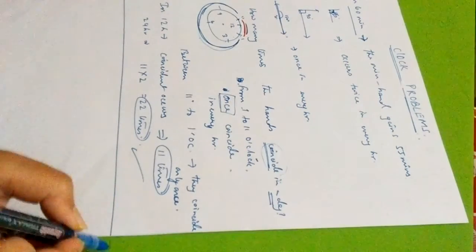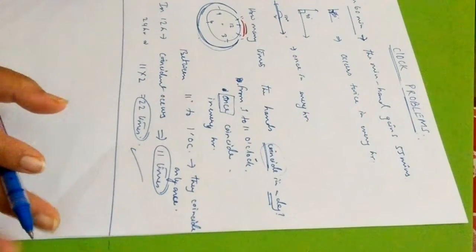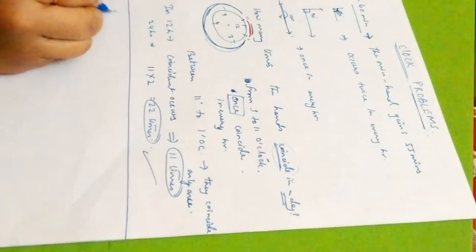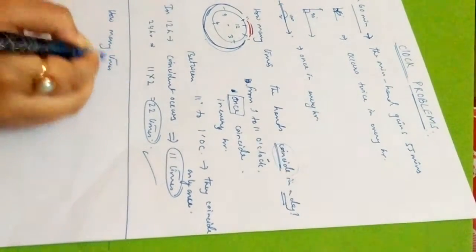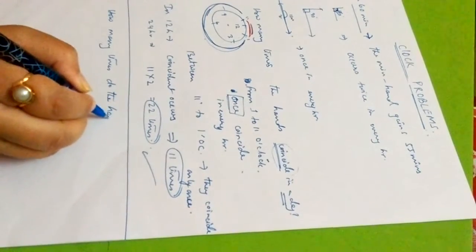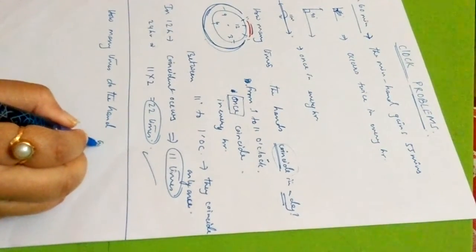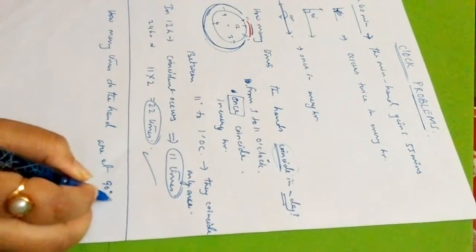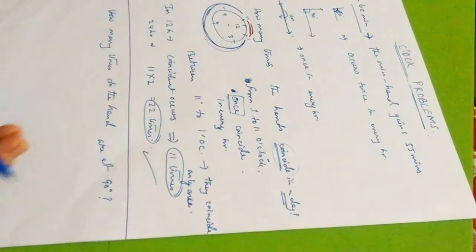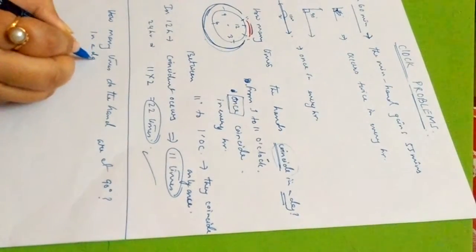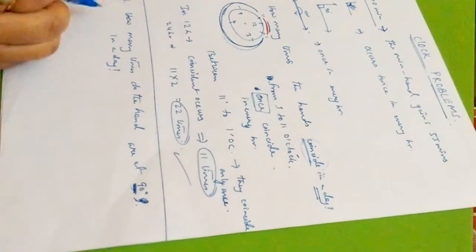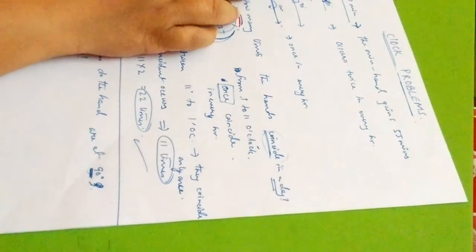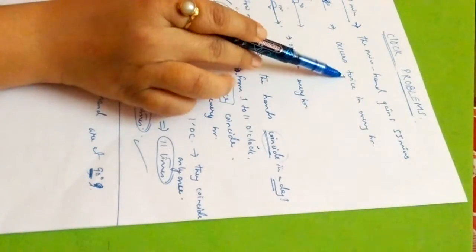One more question similar to this type. The question asks, how many times are the hands at 90 degree, again in a day? On the properties we have discussed in the second point, 90 degree occurs twice in every hour.